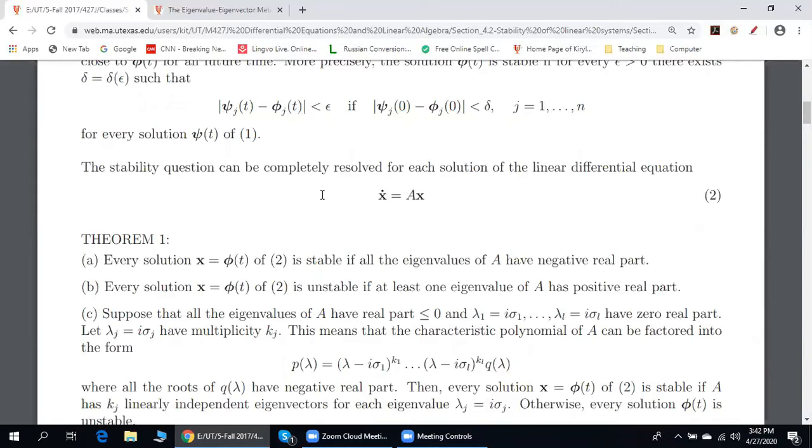We are looking at positive or negative real parts of eigenvalues. In other words, step 1, find all eigenvalues. Step 2, look at their real parts. If all real parts are negative, all solutions are stable, which means they do not drift far from each other.